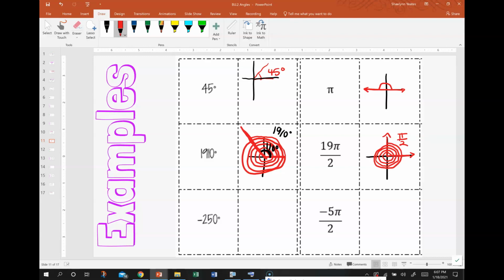Okay, if I rotate negative 250 degrees, so I'm here, I'm rotating negative 250. So it'll be like here.